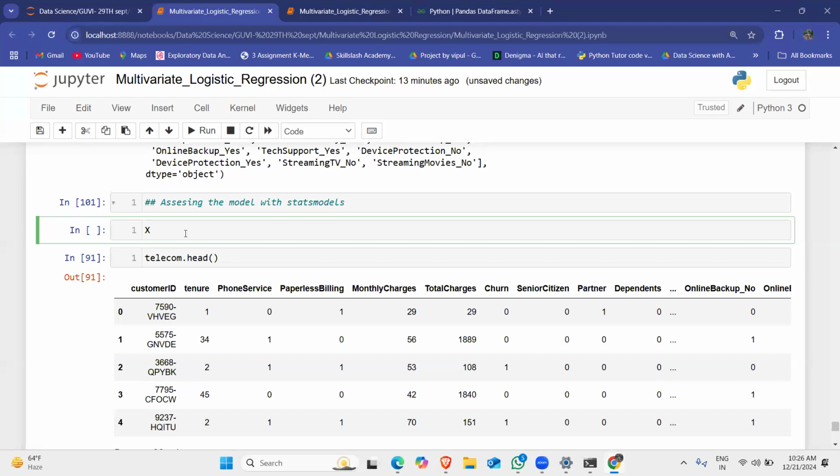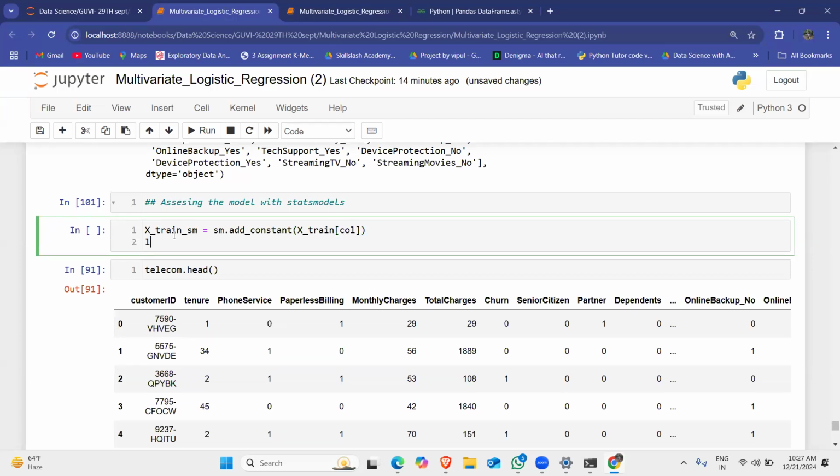So we'll write down x_train_sm is equal to sm.add_constant, and that will pass x_train, and what we need to do is x_train of column.